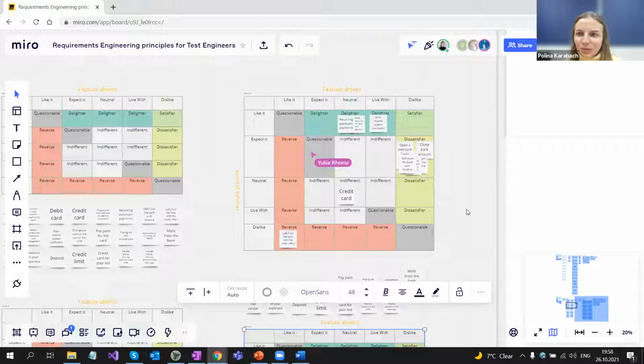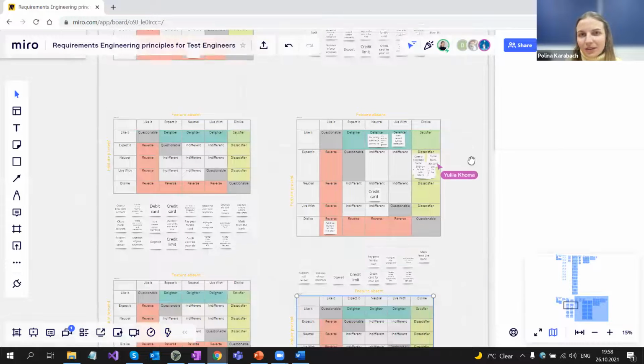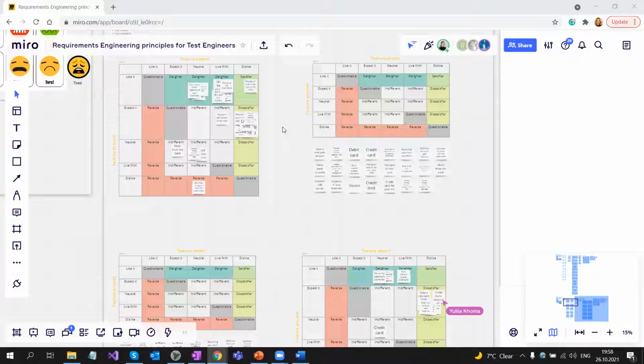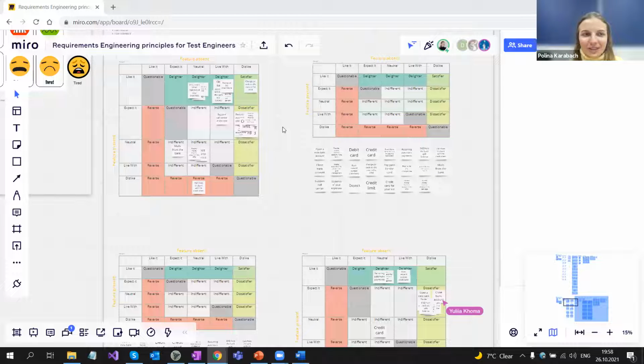Around 7 minutes would be good. Okay, let's do that and see each other in 7 minutes, so it would be 8:05. If you have any questions, please type them in the chat, and see you in a while.